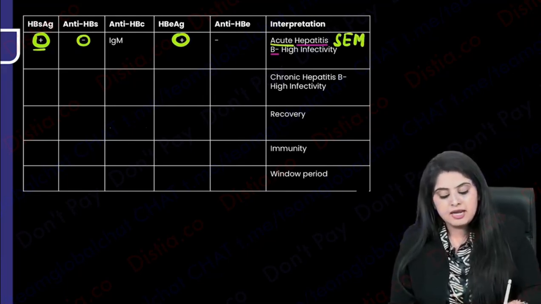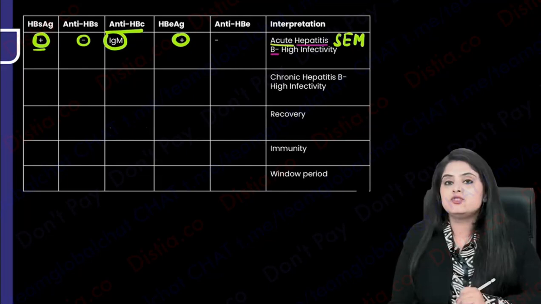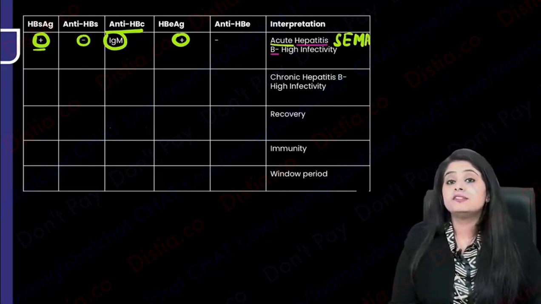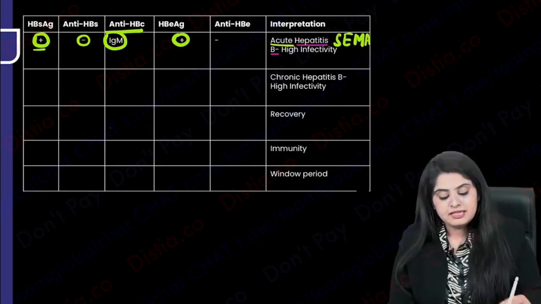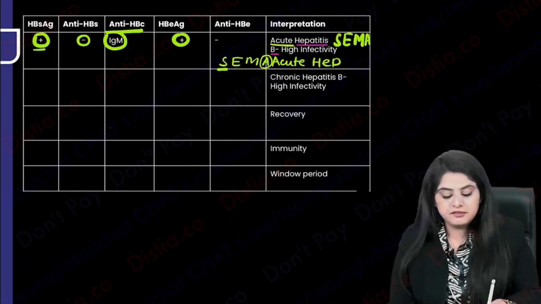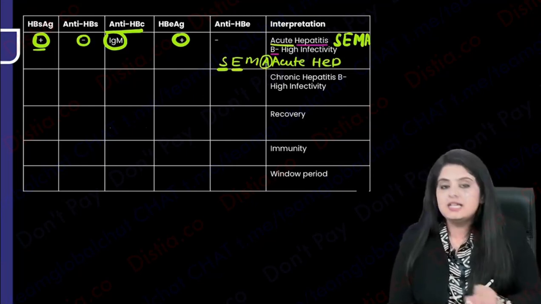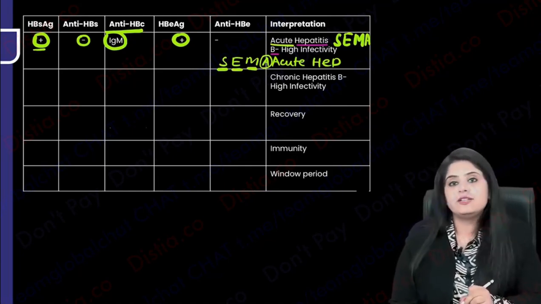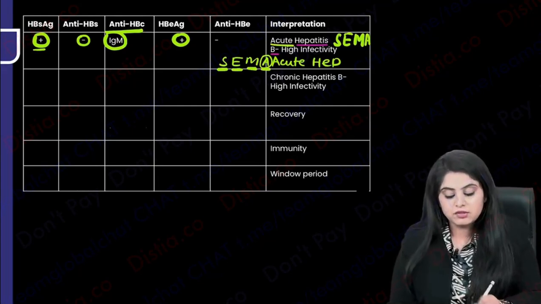Then the IgM antibody comes, IgM anti-HBC, and that is what is known as acute hepatitis. What is SEMA? SEMA tells me that in cases of acute hepatitis, you have SEMA. SEMA means surface antigen will be there, HBE antigen will be there, and IgM type of anti-HBC antibody will be present. That is what you will call acute hepatitis.